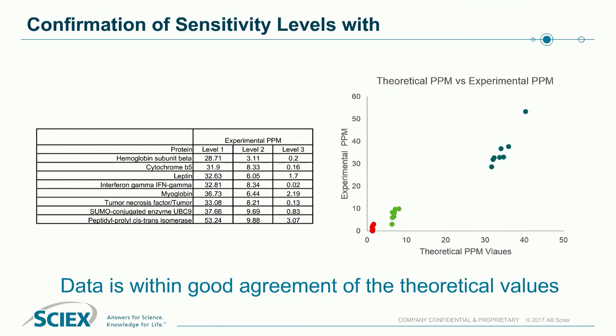Since then, we've confirmed the sensitivity level and also moved away from the nanoflow regime, which is what much of this work up to now was shown in, to a much higher microflow regime, and we're able to show much better limit of detection, down to the sub or even 1 ppm level, as well as good agreement with theoretical ppm levels that we expect for the standards that we're spiking in.